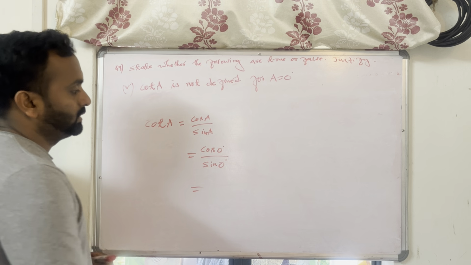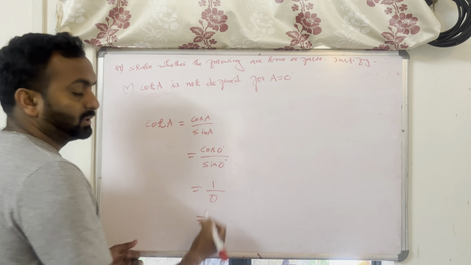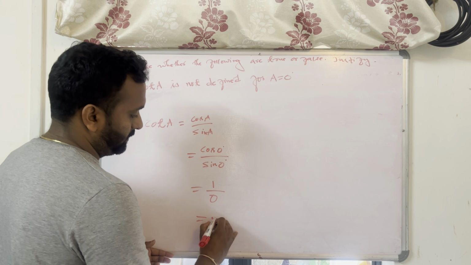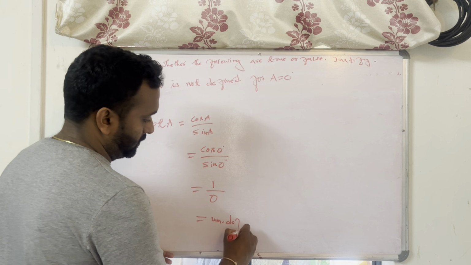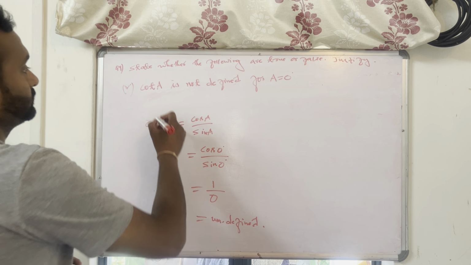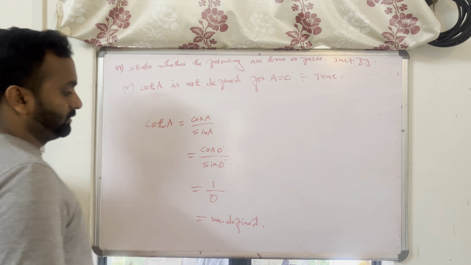What's the value of cos 0 degrees? Cos 0 degrees is 1 and sin 0 is 0. You know 1 by 0 is an undefined situation, hence this is true, and this is the justification for that one.